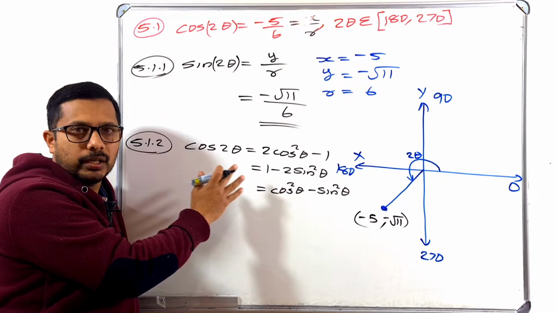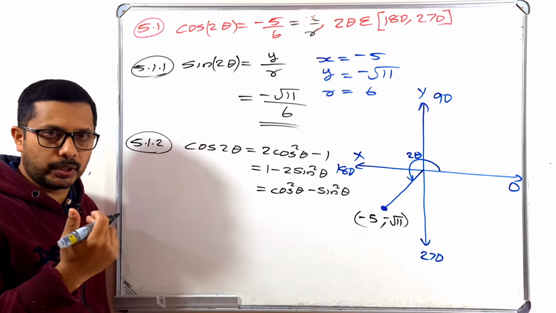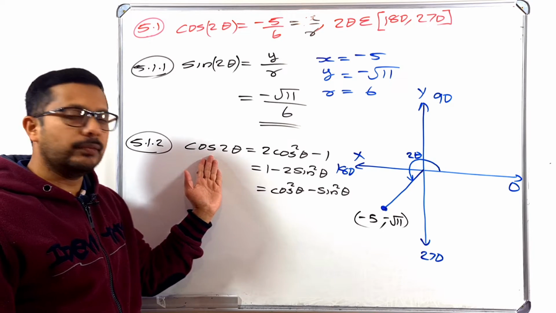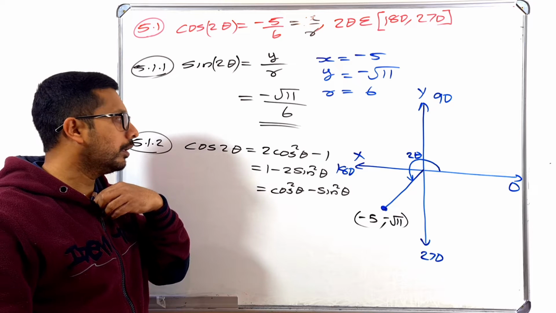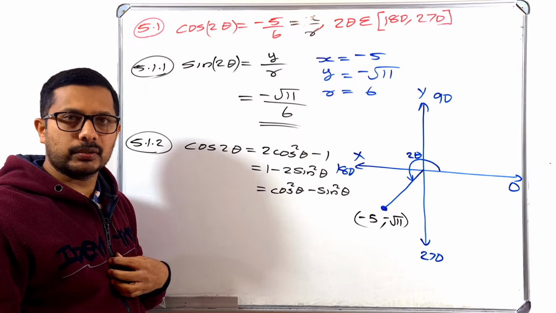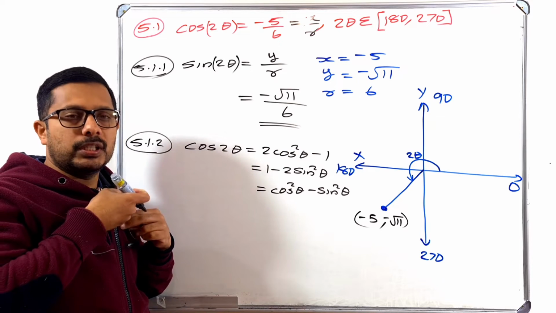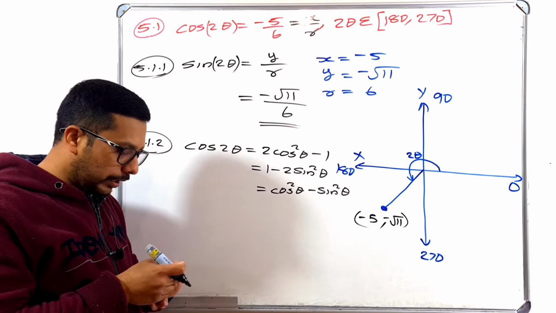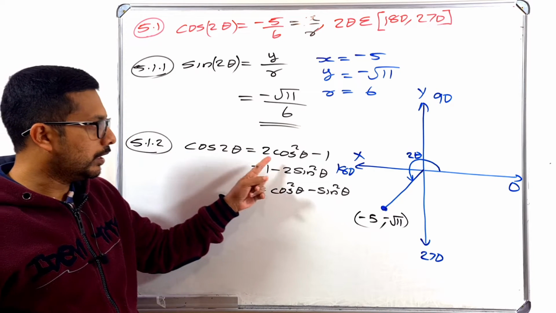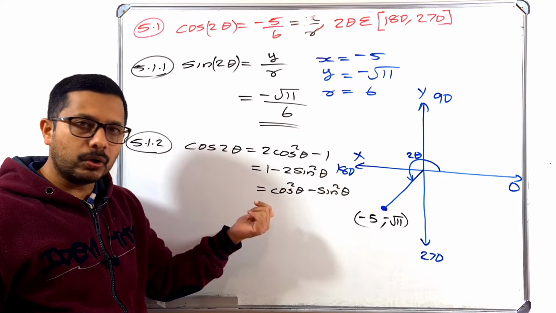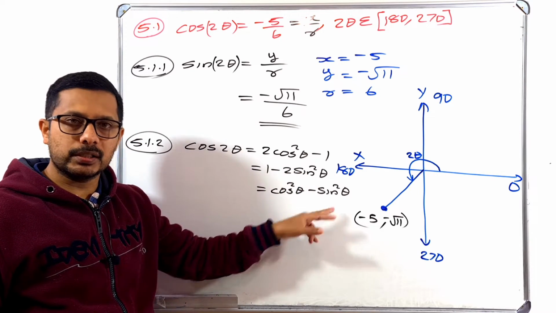It is very important. When you write your exam, if you have any doubt, you can check the formula sheet once more. But otherwise it is better to learn this by heart. Cos 2 theta is 2 cos square theta minus 1, or 1 minus 2 sin square theta, or cos square theta minus sin square theta.